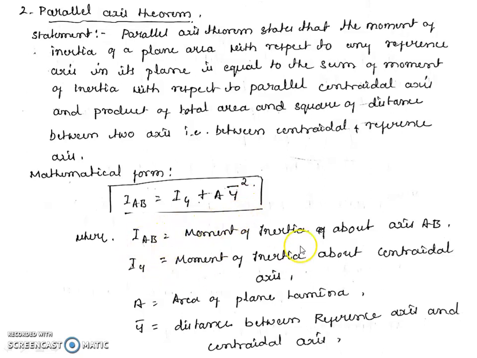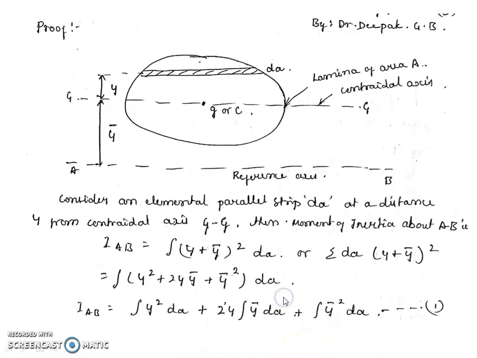Here it is given: IAB is the moment of inertia about AB. IG is the moment of inertia about the centroidal axis. A is the area. Y bar is the distance between the reference axis and the centroidal axis. This is the construction. I have taken an area A. In that I considered a small strip of width dA, at a distance y from the centroidal axis.